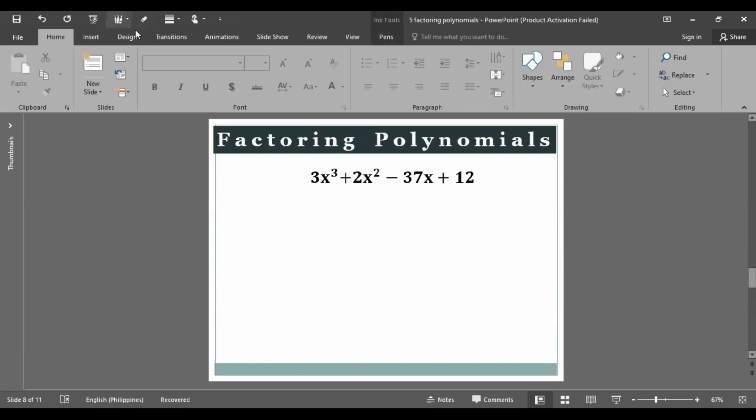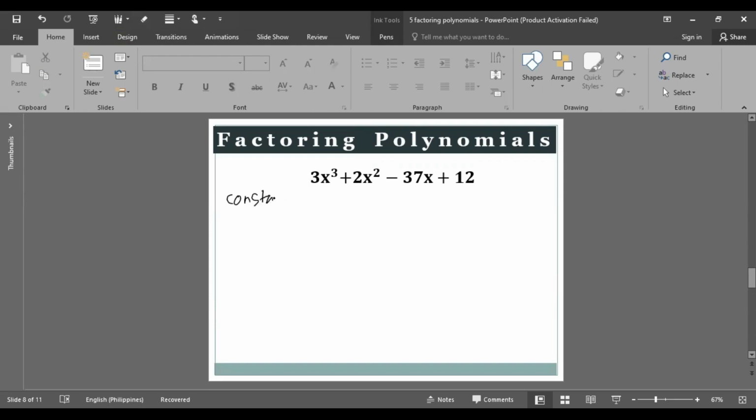So in this case, as you can notice, the numerical coefficient of the first term is not 1. Kumpara dun sa dalawang naunang examples, parehas 1 yung numerical coefficient ng first term. But this time, the numerical coefficient is 3. So you also have to consider this in indicating the possible roots of these polynomial expressions.